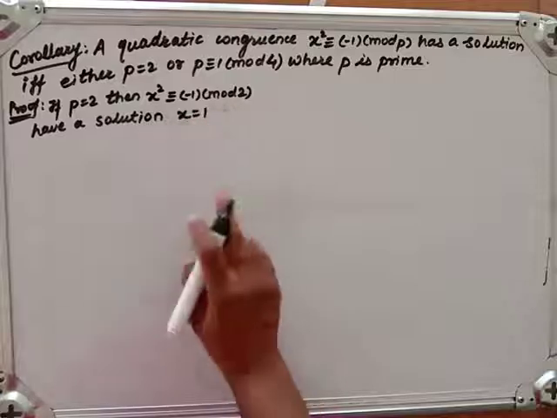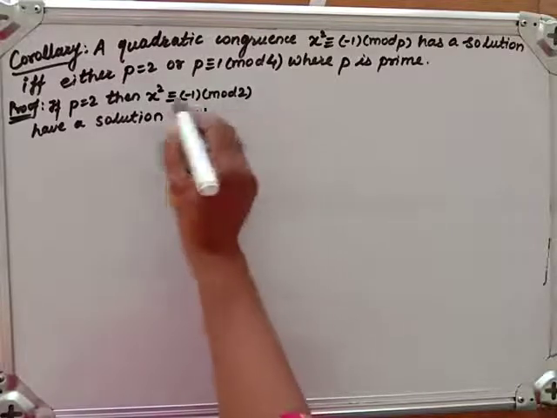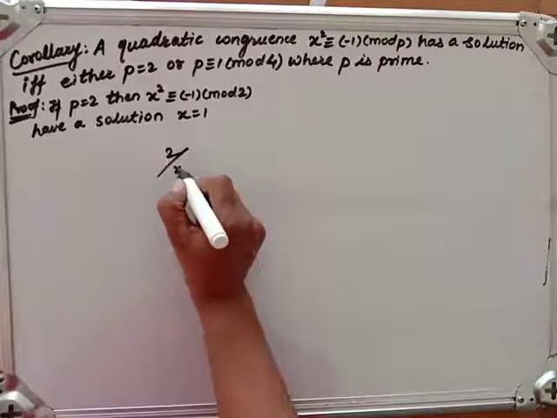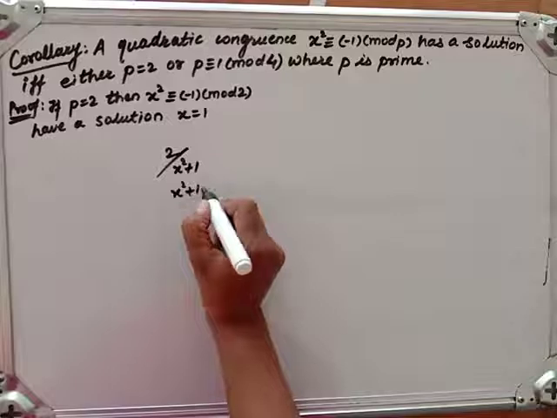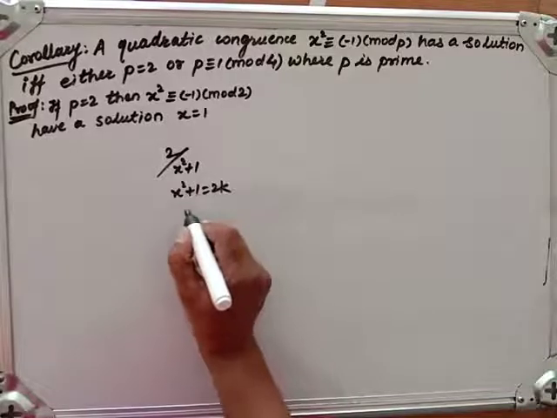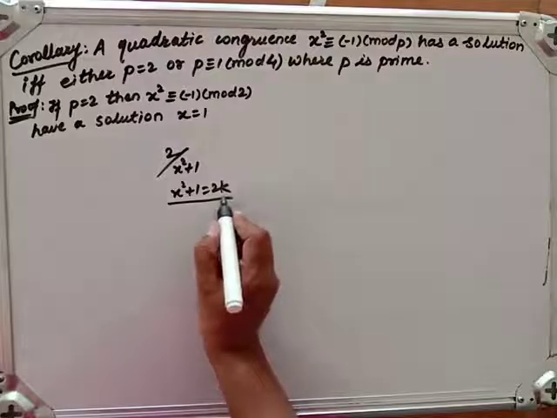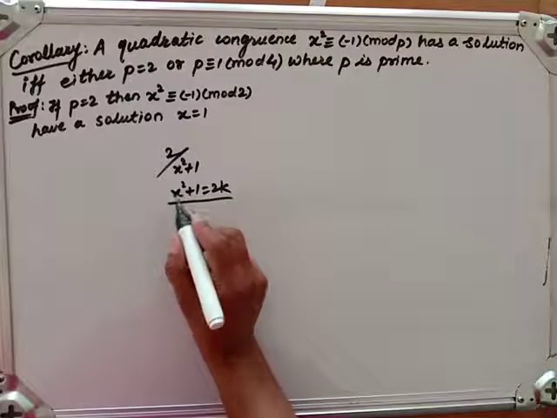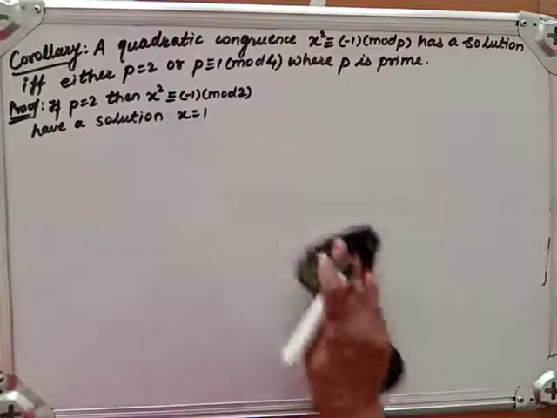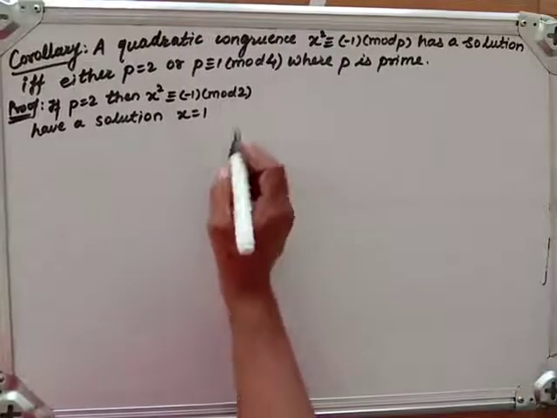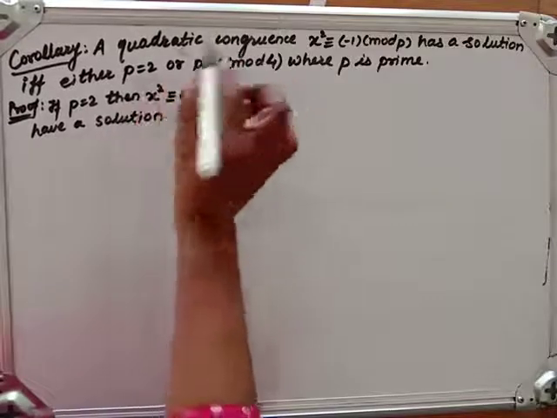Then this will hold. Look here, 2 divides x square plus 1. That is, x square plus 1 is equal to 2 times some k. For which x will this be true? Only for x equal to 1. So here the solution will be x equal to 1.